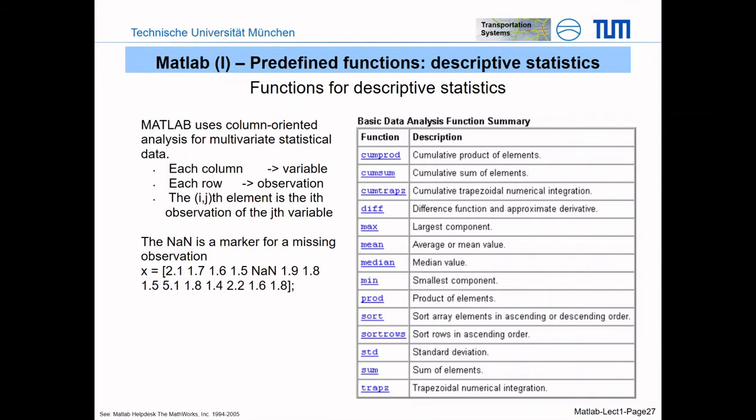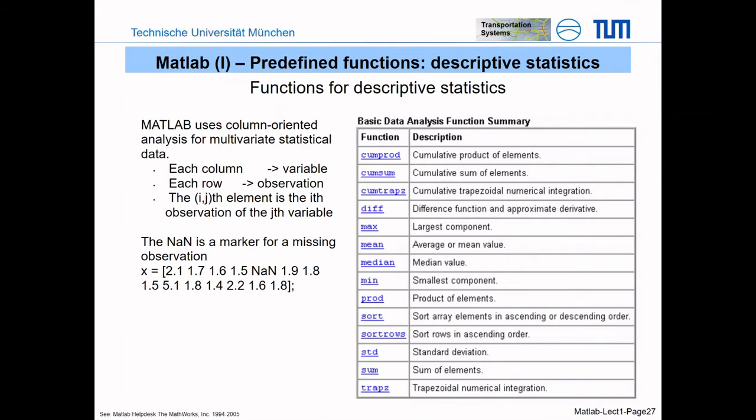So we will deal with sum, maybe with sort, with mean and max, of course, with mean, because this is the arithmetic mean, so the average or mean value. And these are the functions which we will use much more often.